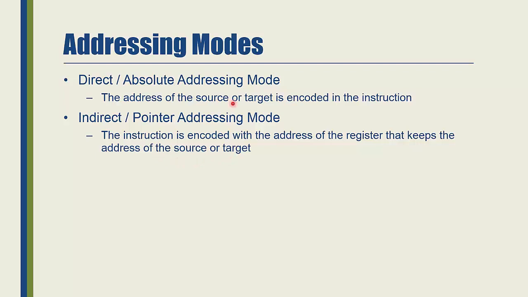In direct or absolute addressing, we go to the address, we get the value. But in indirect or pointer addressing, we go to the address, and we will find where to find the source or target location. It is adding one more hopping step.